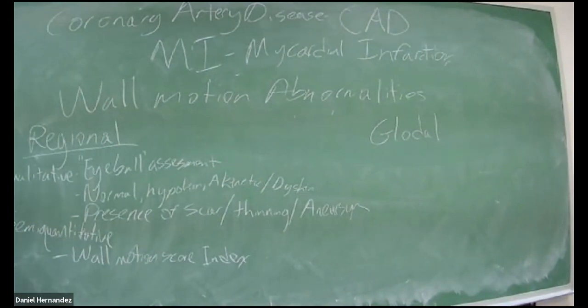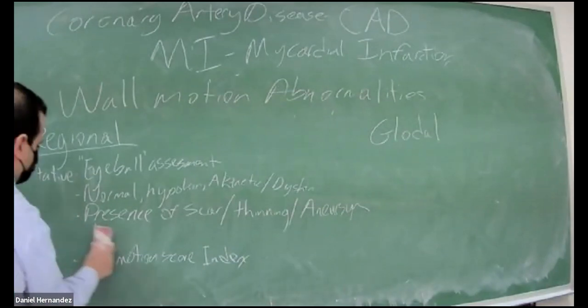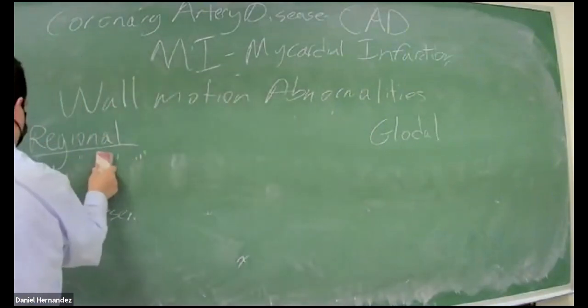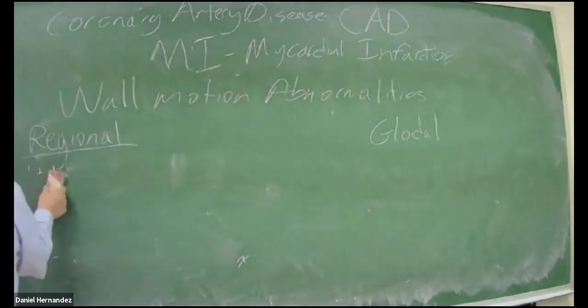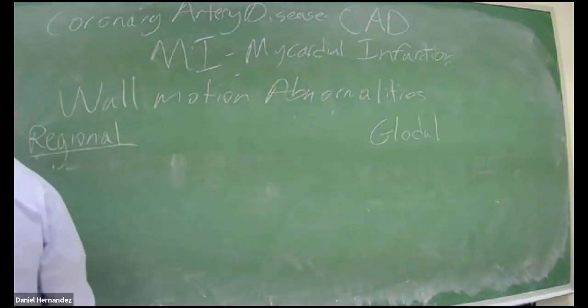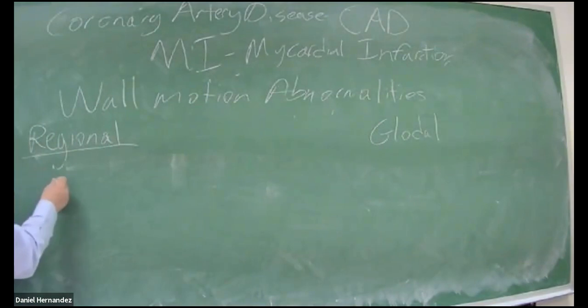And then we have more quantitative measurements for wall motion abnormalities. So qualitative, you're relying on your eyeballs. Quantitative, you're actually measuring.